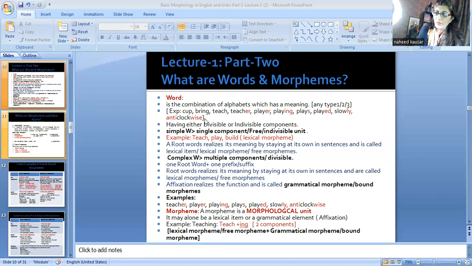A natural question should come into the minds of students: do morphemes have the same number of types, or are they different from the types of words? As far as the types of morphemes are concerned, you should focus on just one thing, that there are three types of morphemes.